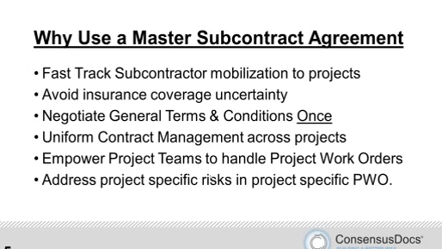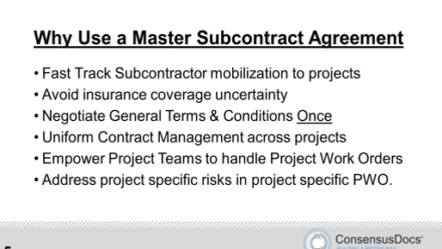And so we had noticed in the industry a large move to master subcontracts, where this allows you to bifurcate the contract documents into two sections. One being primarily the relationship between the subcontractor and the general contractor. Those terms and conditions that are going to be applicable on almost every instance of every project.